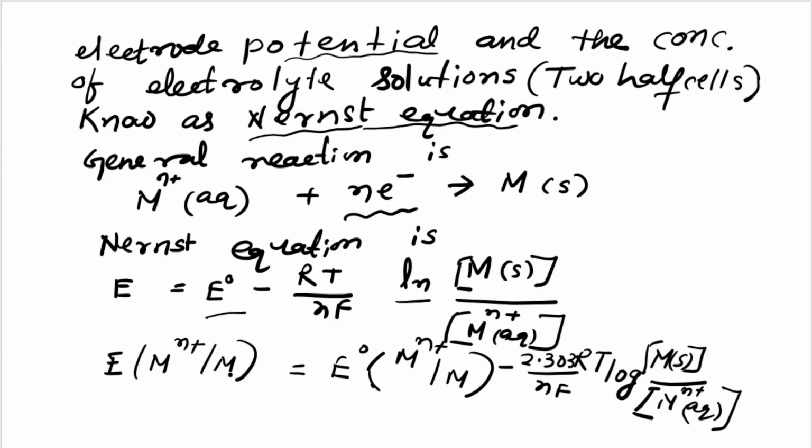So if you take one half cell, M n plus by M, what will you write? E of M n plus by M is equal to E0, the standard electrode potential of that electrode, minus, if you change Ln to log, 2.303 RT by nF, and log of M solid concentration by M n plus aqueous concentration.